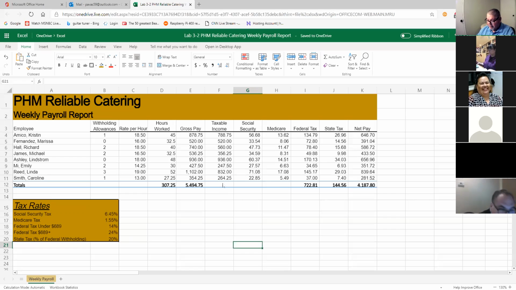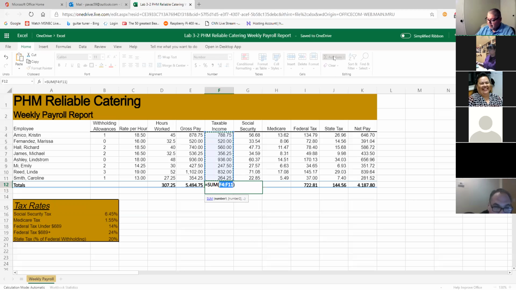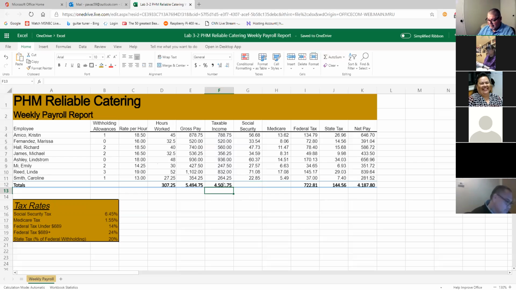Even though the numbers are different. All right, so let's do the auto sum on this. There it is. No, it's different. How funny. Why is it different? Do you think we had to do the F4 for the formula? No, my numbers are correct.